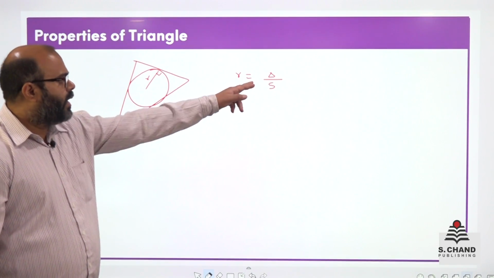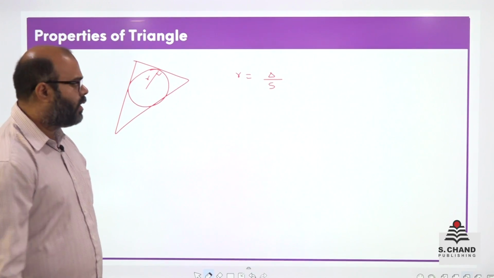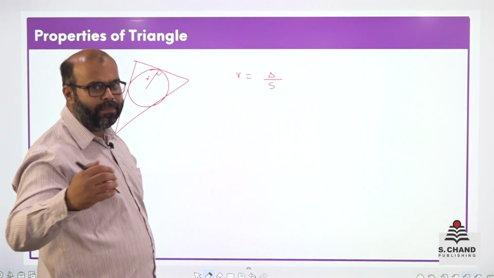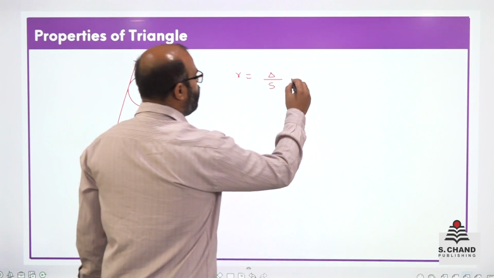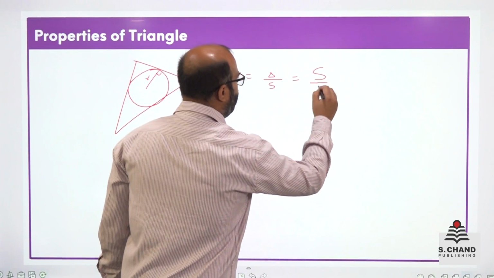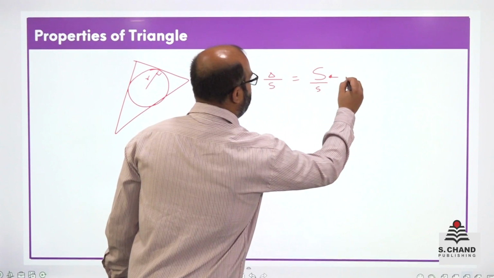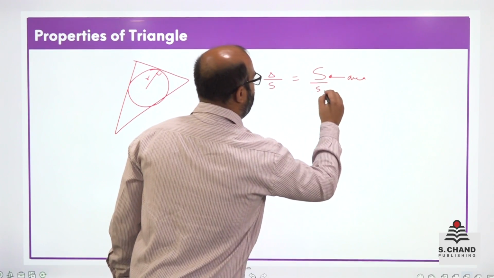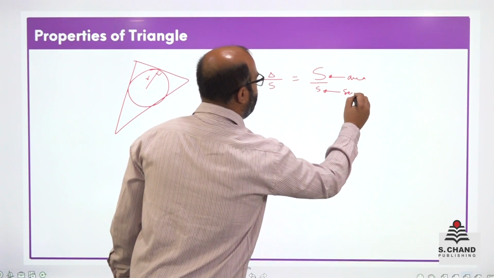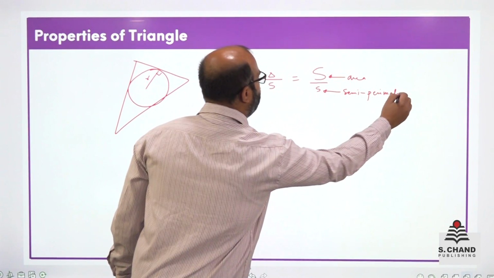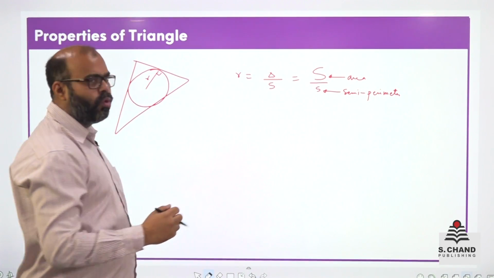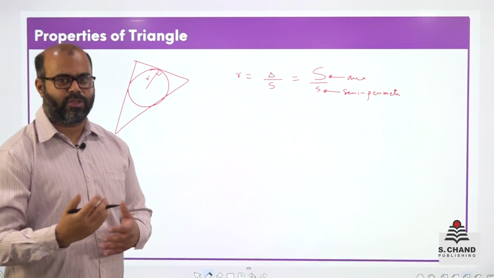So triangle area I am denoting by delta, but in the book, since in typing you can write capital S and small s differently, so in the book it is given as capital S by small s. So this capital S is nothing but area, and this small s is nothing but semi-perimeter. But I am using delta to denote area here, in order that you don't get confused with capital S and small s.